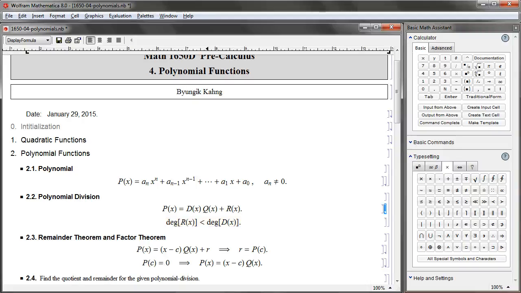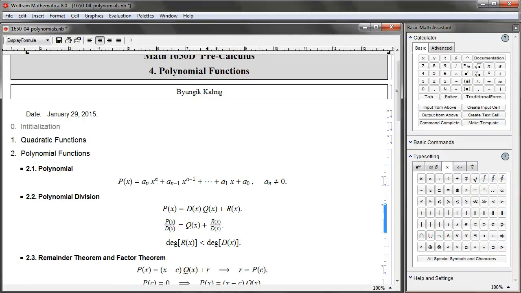And if I divide everything by d of x, now I'm not going to call this the divisor anymore. Now it's called the denominator. In that case, p of x over d of x is kind of like an improper fraction where the numerator is bigger. The degree of the numerator is higher than the degree of the denominator.